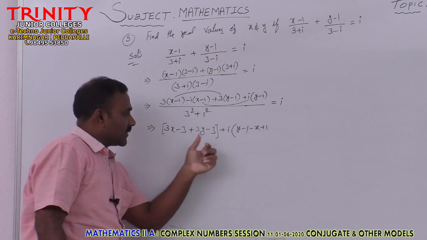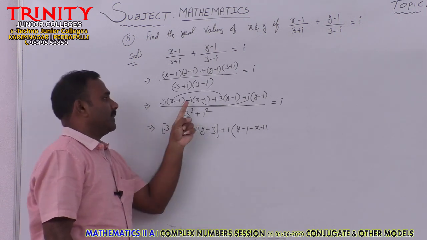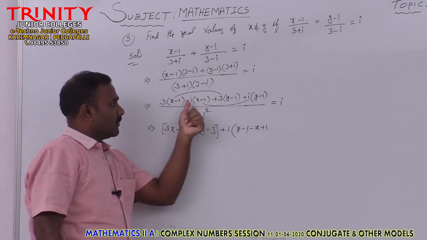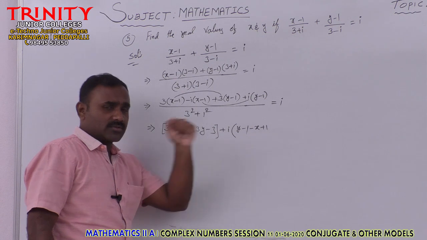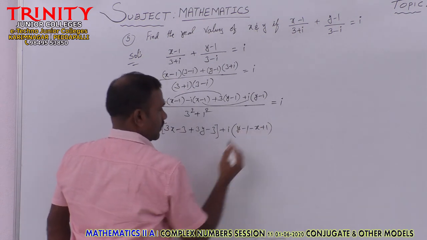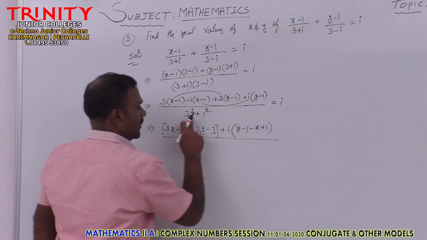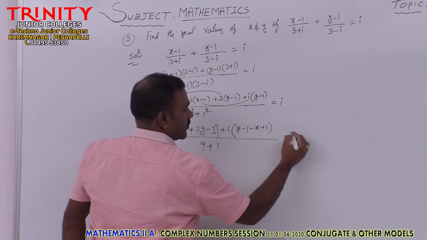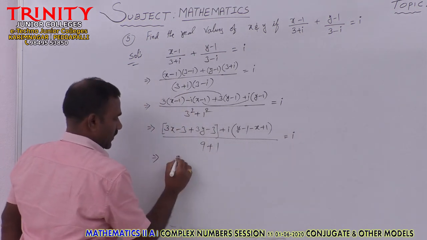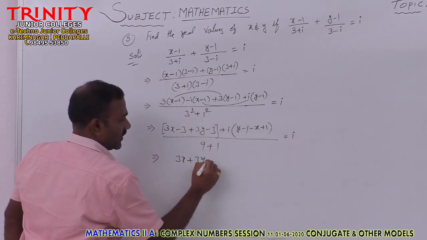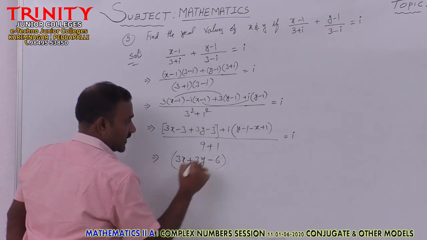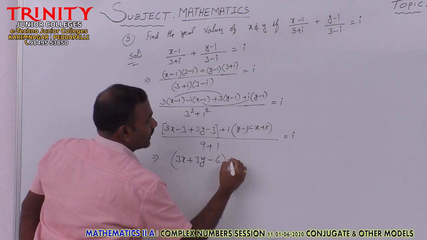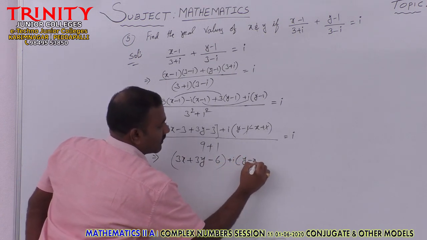Minus i is there, but we have taken plus i as common, so minus into minus 1 becomes plus 1, divided by 3 square is 9, plus 1 square is 1, is equal to i. 3x plus 3y minus 6 is the real part. Here 1 cancels. Now this is plus i of (y minus x).